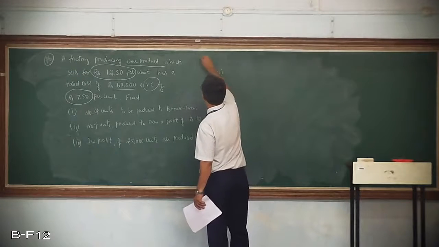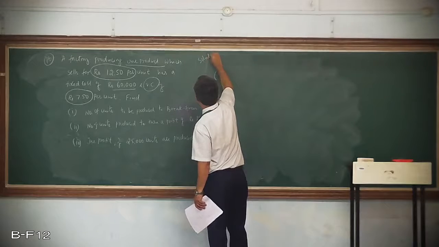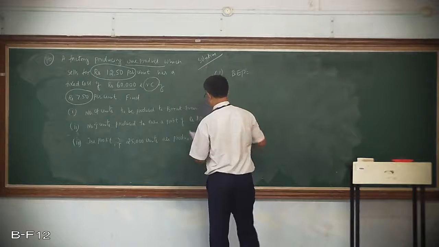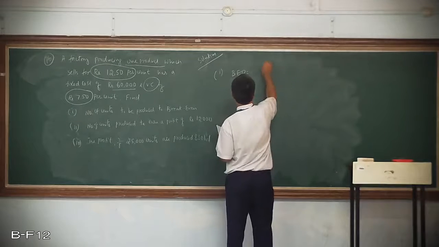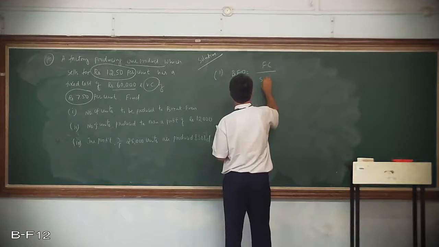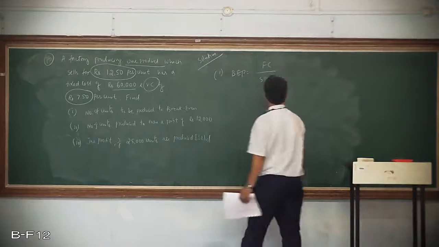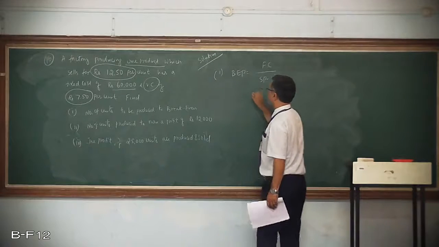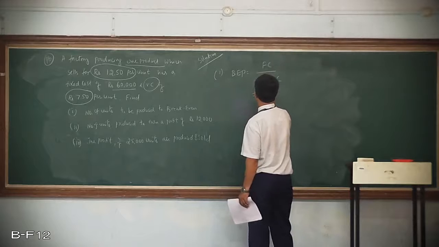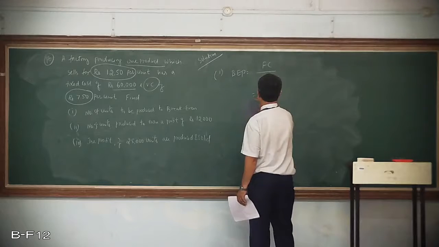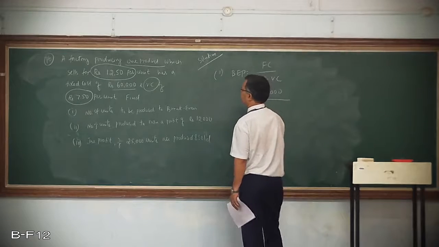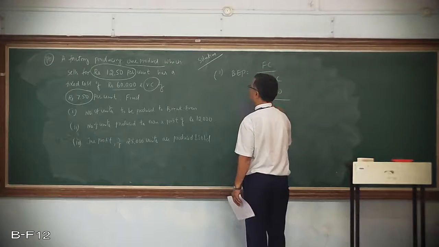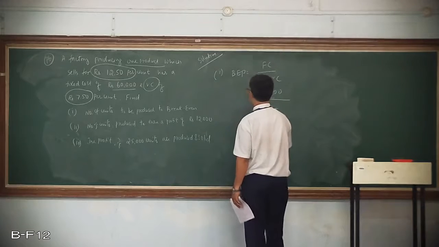Okay, so solution. Break-even point BEP is equal to fixed cost divided by selling price minus variable cost. Fixed cost is 60,000, divided by selling price 12.50 minus variable cost 7.50.